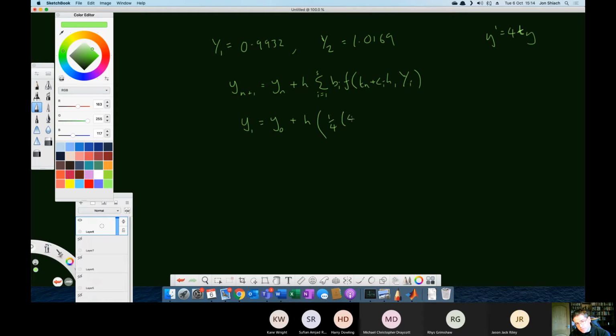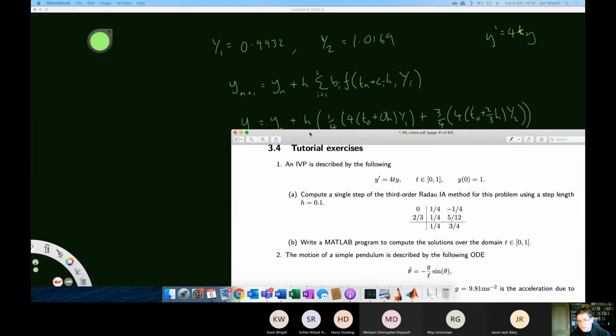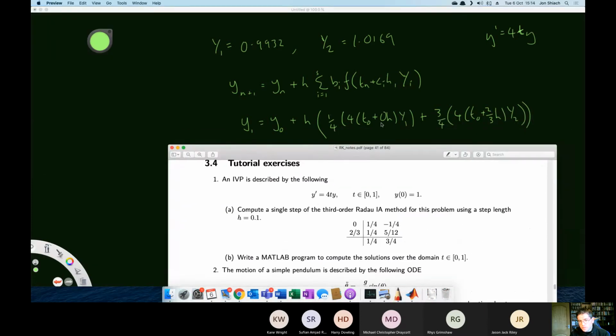So that's a quarter times 4 times t0 plus 0h, times y1, and b2 is 3/4, times 4 times t0 plus 2/3 h, times y2. Where did I get those values from? C1 is 0, C2 is 2/3, and B1 is 1/4, and B2 is 3/4.